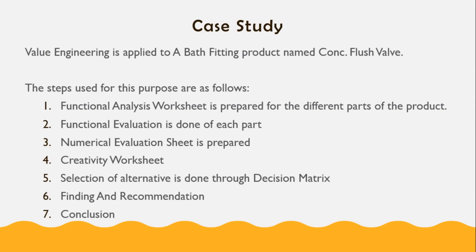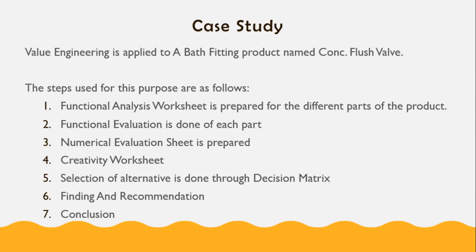So we prepare a functional evaluation sheet, and also a numerical evaluation sheet is prepared, that is converted to its numerical value by giving a scoring or something. For that, you can easily understand how each function is essential.